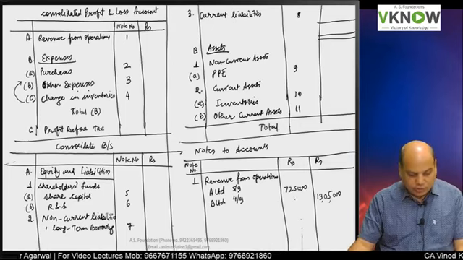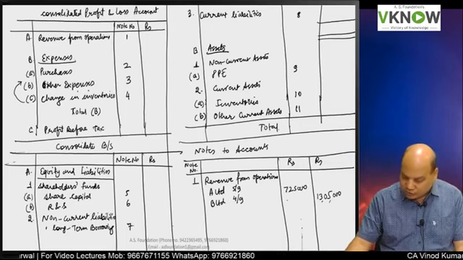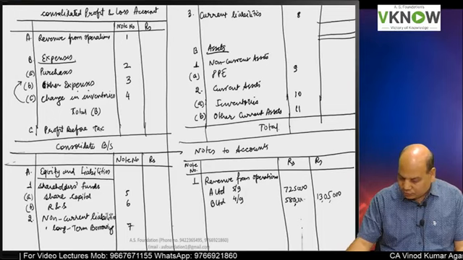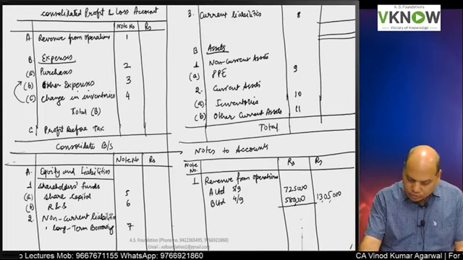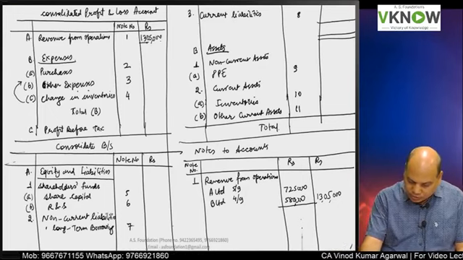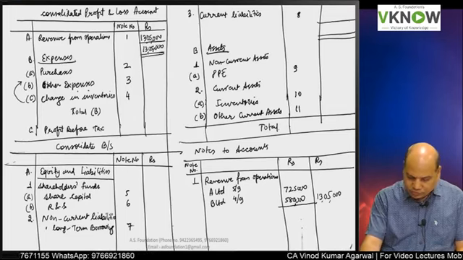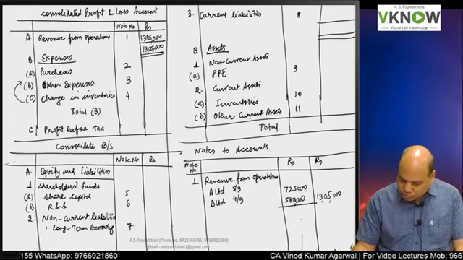And the second one is 4 by 9 of 13,05,000, which is 5,80,000. So write down on the main page, P&L account, revenue from operation 13,05,000.